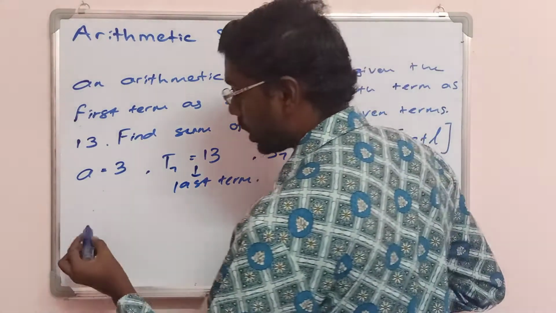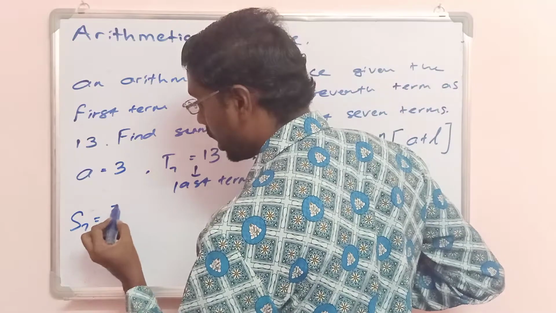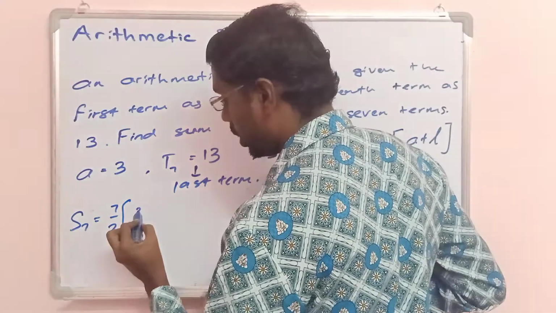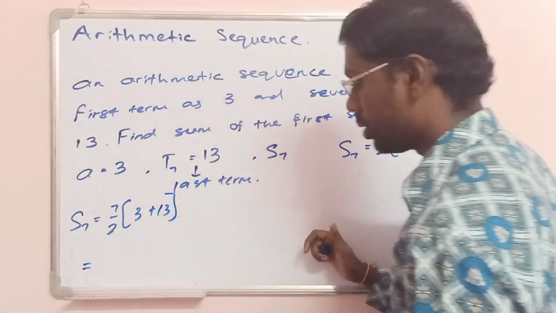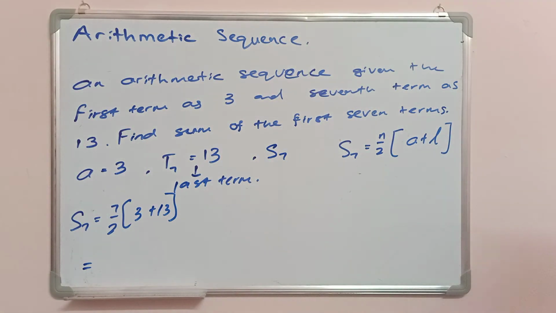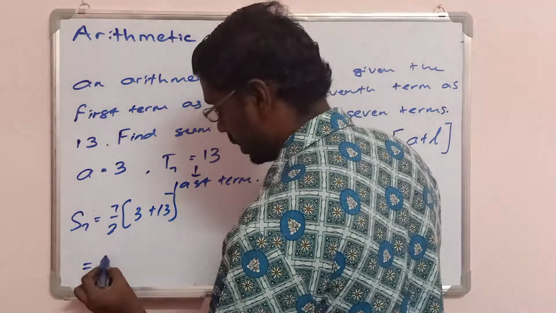The sum of the first 7 terms equals 7 over 2 times (3 plus 13), which is 16. So you will get 56.